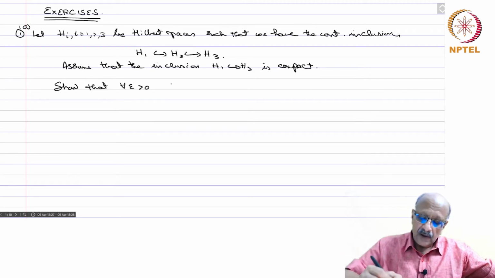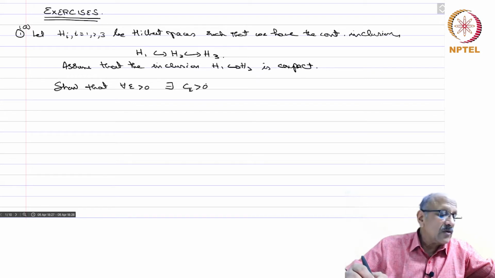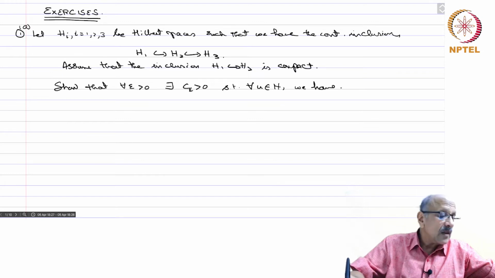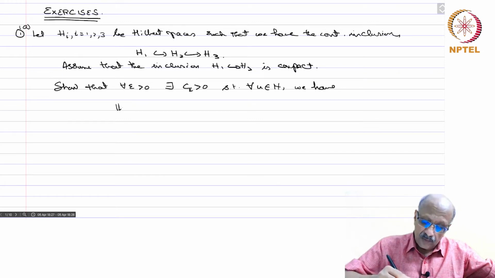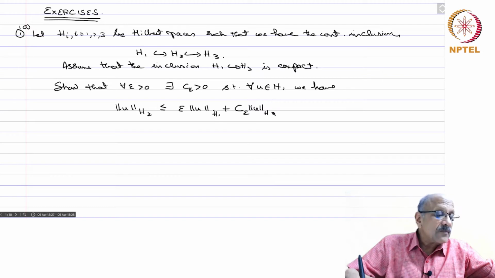There exists C epsilon greater than or equal to 0 such that for every u in H1 we have norm u in H2 is less than or equal to epsilon times norm u in H1 plus C epsilon times norm u in H3.